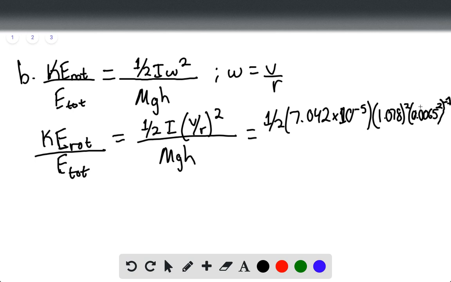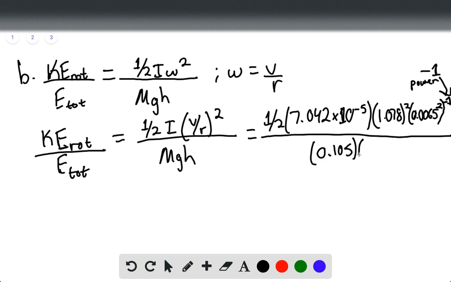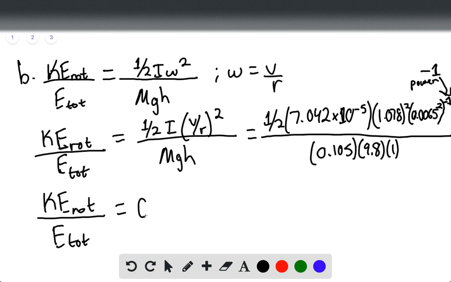So you'll have to divide that. That's why it's raised to the -1st. And divided by mgh. So m will be 0.105, g will be 9.8, and the height will be, again, 1 meter. And we find that the ratio of the rotational kinetic energy to the total amount of energy is going to be 0.941.